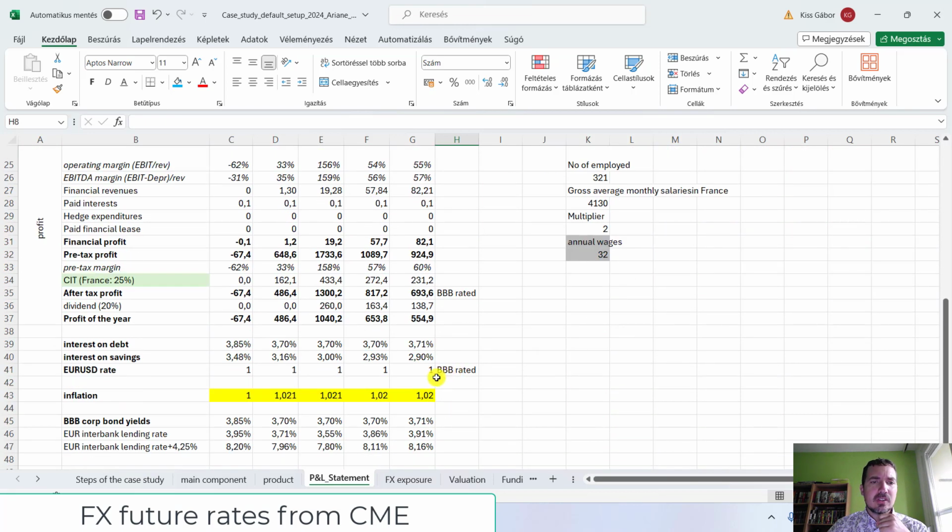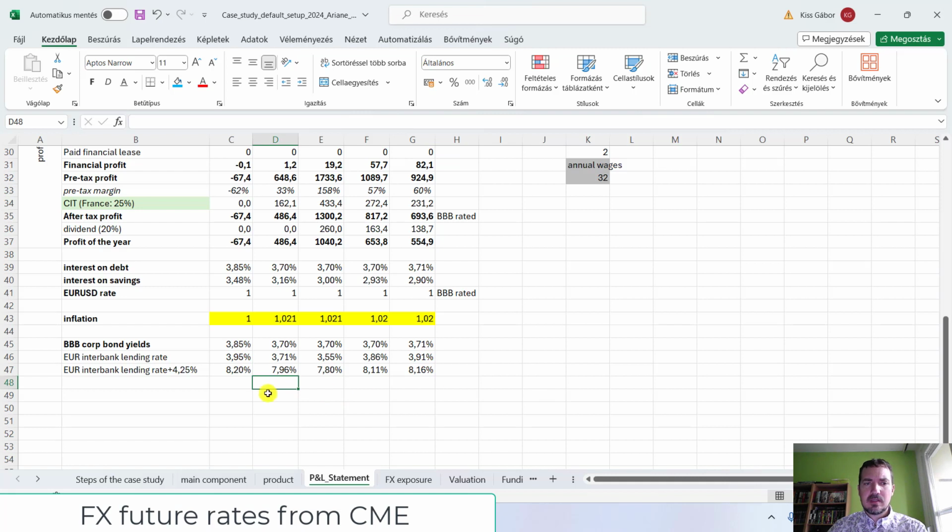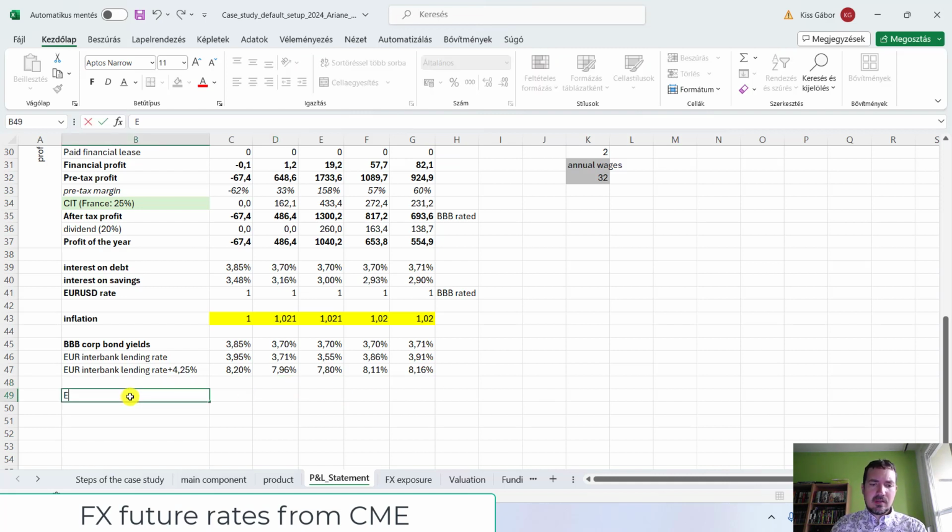Maybe we can just check here the exposure share from overall revenues.